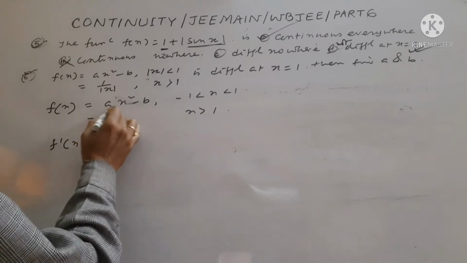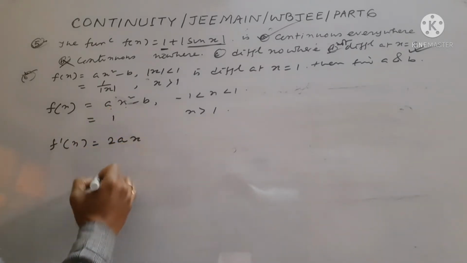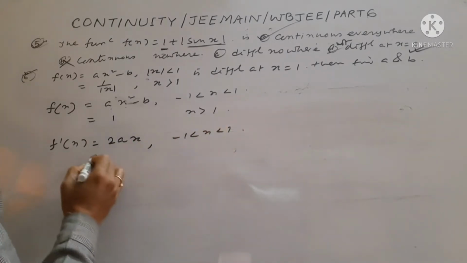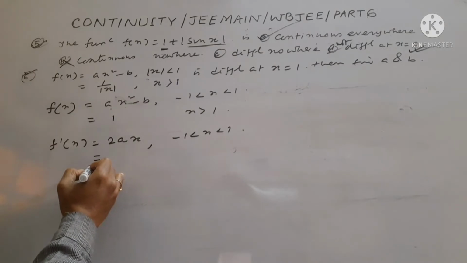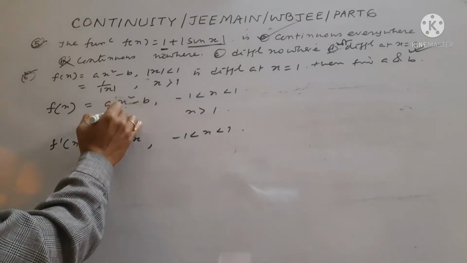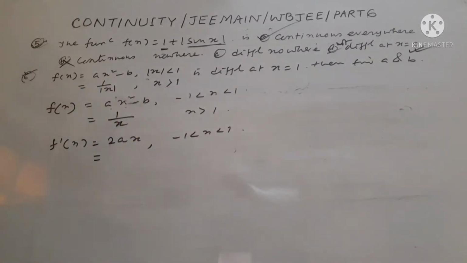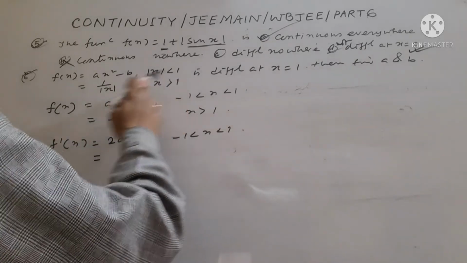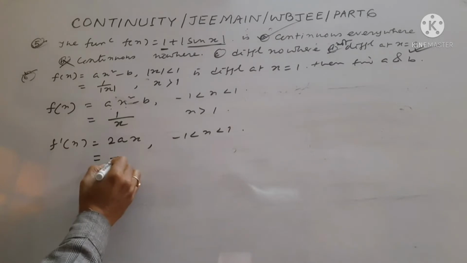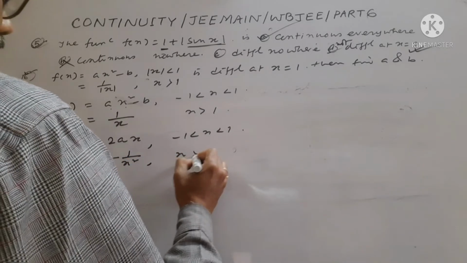F dash x equals 2ax for minus 1 less than x less than 1, and for x greater than 1, mod x is x, so f dash x is minus 1 by x square.